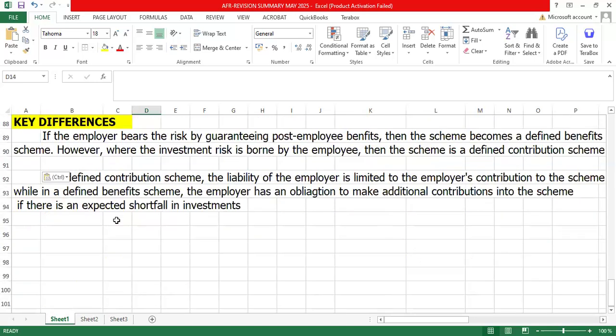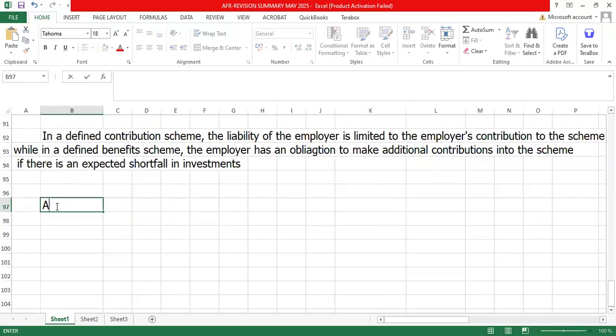Now, the accounting treatment. I will just talk about one, because other things I will only talk about how do we account for defined contribution scheme.